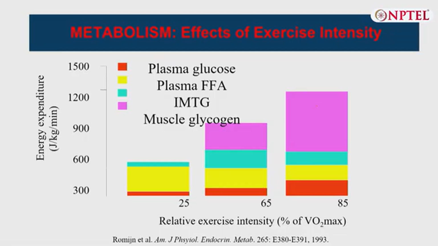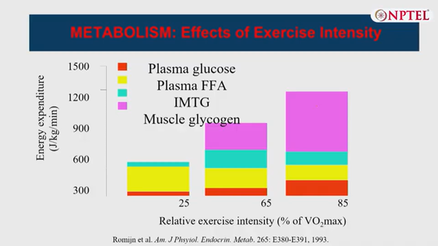When you are going for the higher aerobic side, from 40 to 65%, intramuscular triglyceride breakdown happens, and this intramuscular triglyceride is giving you the energy.